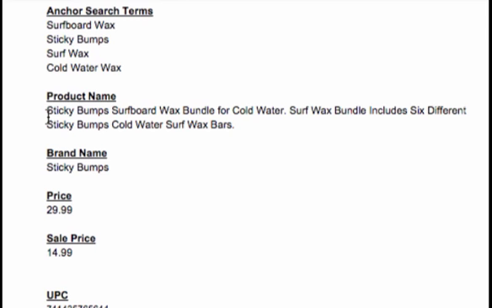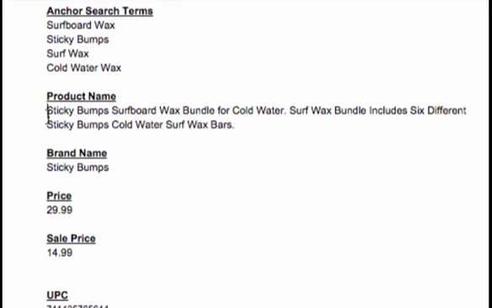Then the next 2 words are surfboard wax. So Sticky Bumps Surfboard Wax Bundle for Cold Water. That pretty much encompasses all the major anchor search terms that I want to go for. It's in the beginning of my title, which should not only help clicks on sponsored ads, it should help relevance in Amazon's organic search.